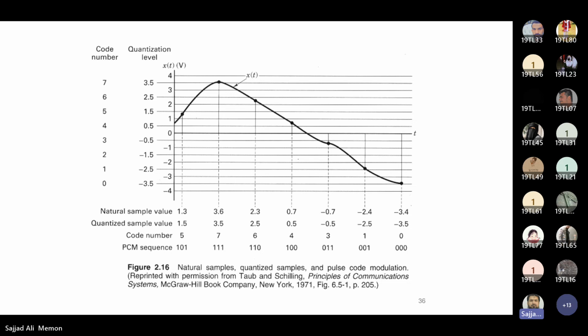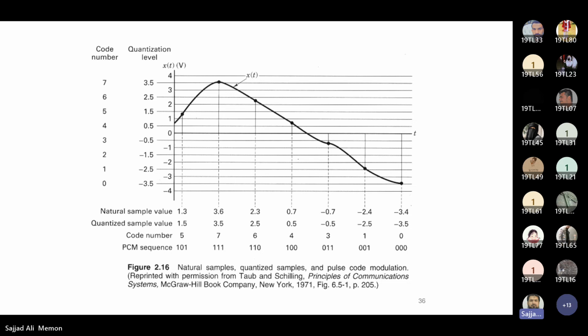But 1.3 volt is not available on the y-axis, because we have divided the y-axis, or the amplitude, into different levels from 0 to 4. They are divided as 0, 0.5, 1, up to 3, 3.5, and 4. So 0.5 is the step size. After every 0.5, we have divided the amplitudes.